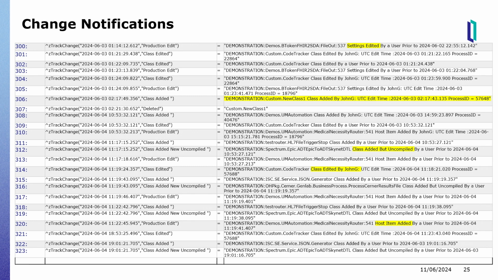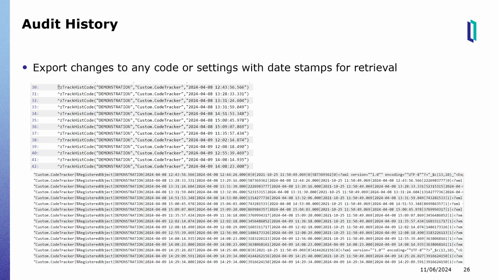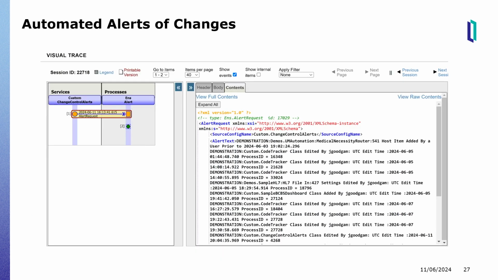So all those kinds of things are there. This all gets saved into the globals, like I said, as the history. This is the alert. It has a list of all the changes that were made since the last time the alert ran. So you can send this on Teams, you can send this to email, it doesn't matter.